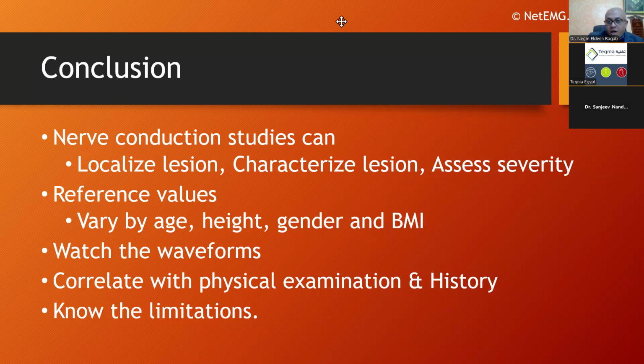The second one, how to differentiate repeater F from A wave? The repeater F wave will typically not happen on every trace. I mean, there is a possibility, but an A wave will happen on every trace. The repeater F wave will happen on some traces. It may not happen on some other traces.